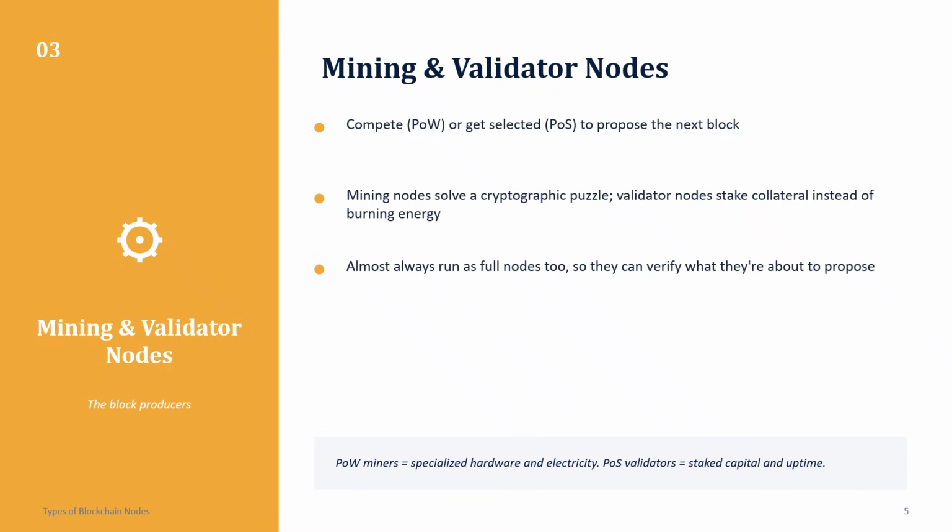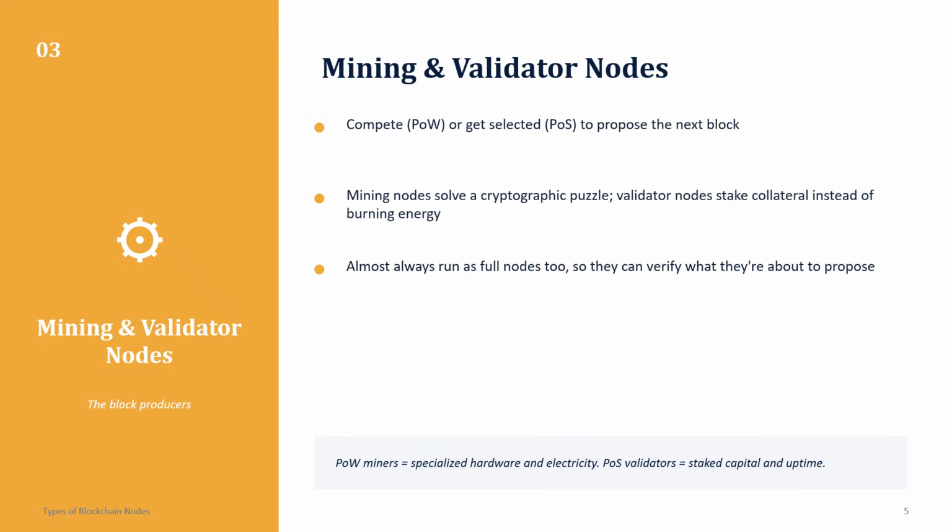Next one, mining and validator nodes. Mining nodes are the block producers under proof of work. They race to solve a puzzle for the right to add the next block, like we covered in the mining video. Under proof of stake, validator nodes take that role instead, chosen based on how much they have staked, not how much electricity they burn.